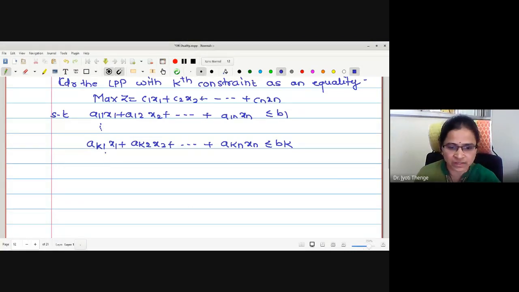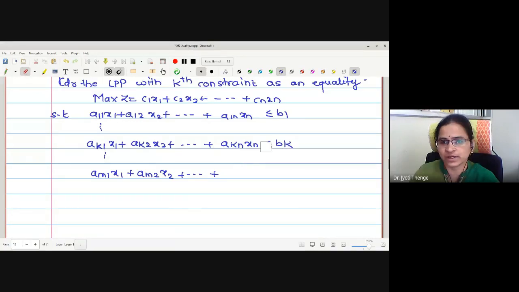We write the mth constraint as well: Am1 x1, Am2 x2, and so on. The kth constraint I should assume as an equality, so here I have to write equality.